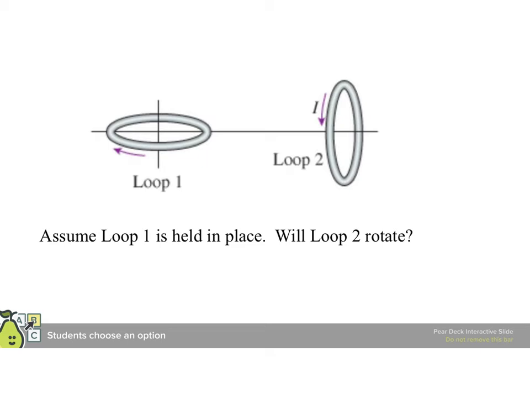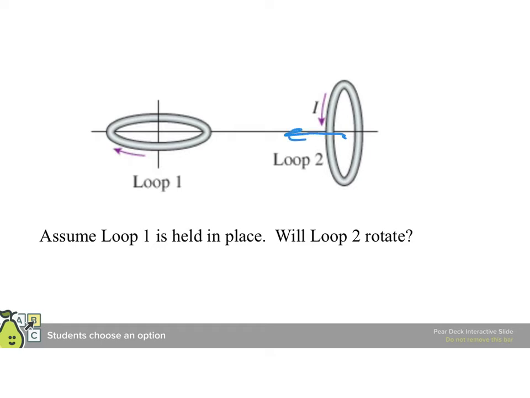Would loop 2 rotate? Well, the magnetic moment for loop 2 we can take the right-hand rule, and we see that it has a torque like this.